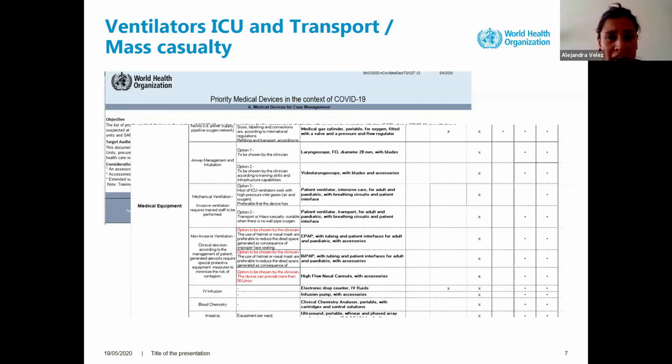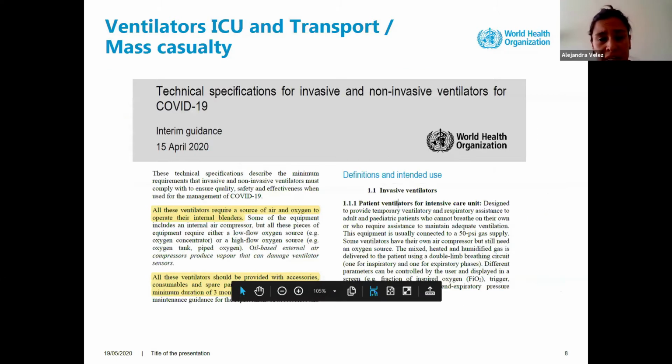procured. After developing this priority list, we went through the compilation of the technical specifications. It was a process where we included international experts to discuss what were the minimum requirements specifically for COVID, including the ventilation modes that were really appropriate for this purpose.